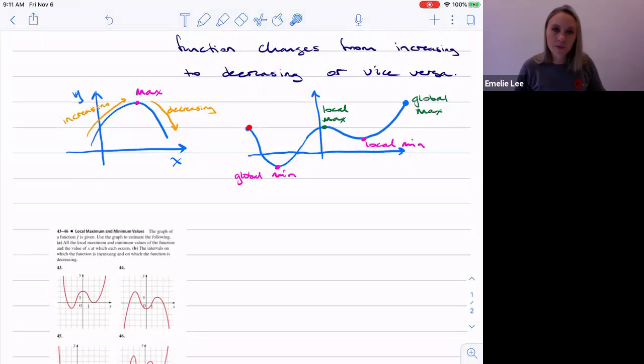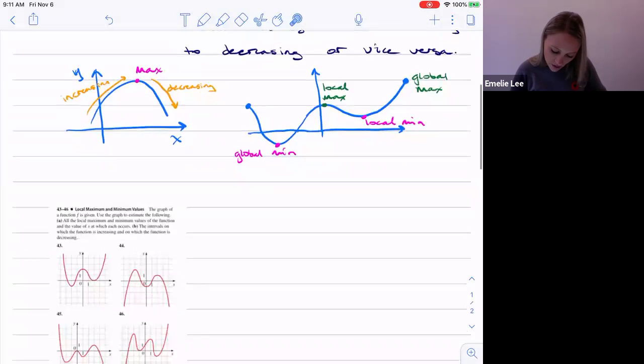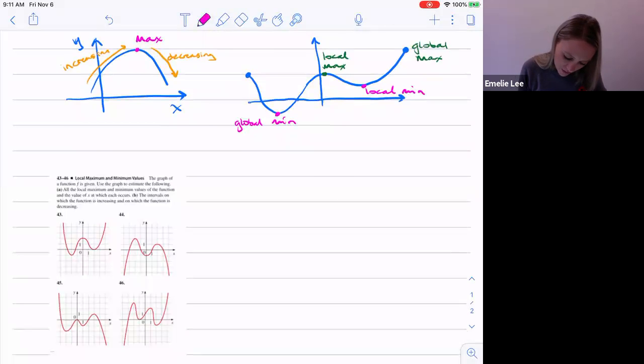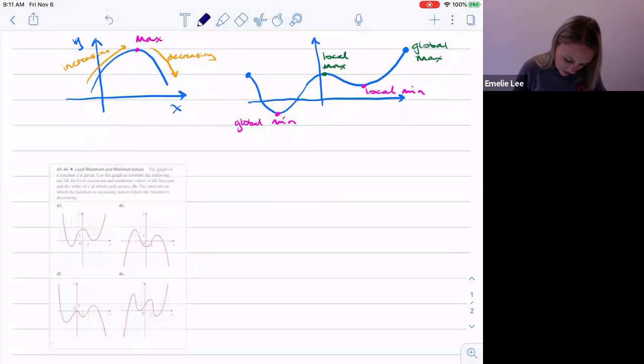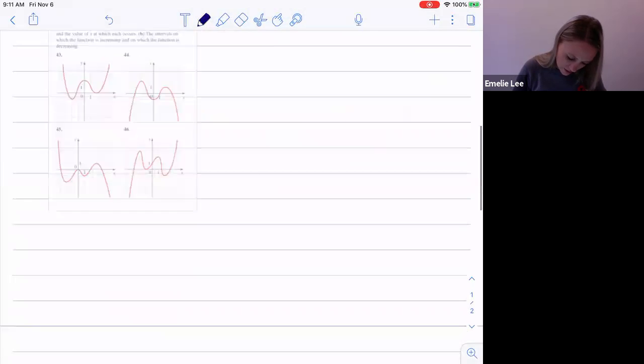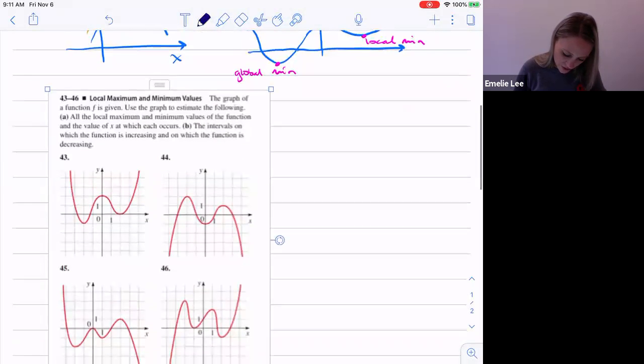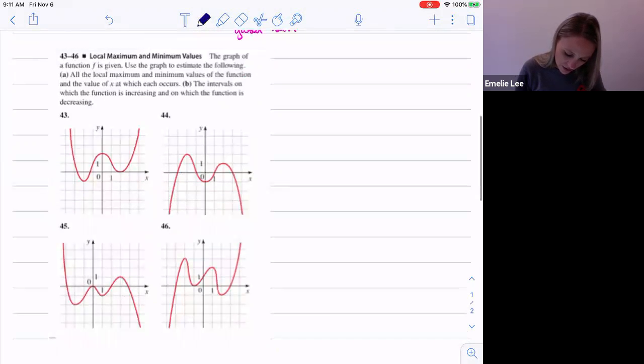And we're not talking about this one because it's not the overall maximum, and an endpoint can't be a local maximum. So we leave it out. So let's make this a little bigger. I just wanted to have some graphs ready for us to talk about.